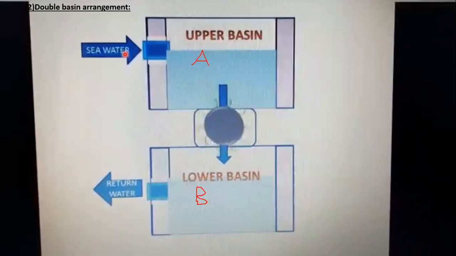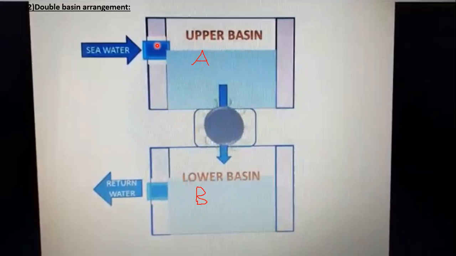So now our process starts. First, the sea level is allowed to enter the upper basin A, and basin B is closed. It is not allowed to open. So A, the upper basin, is open.